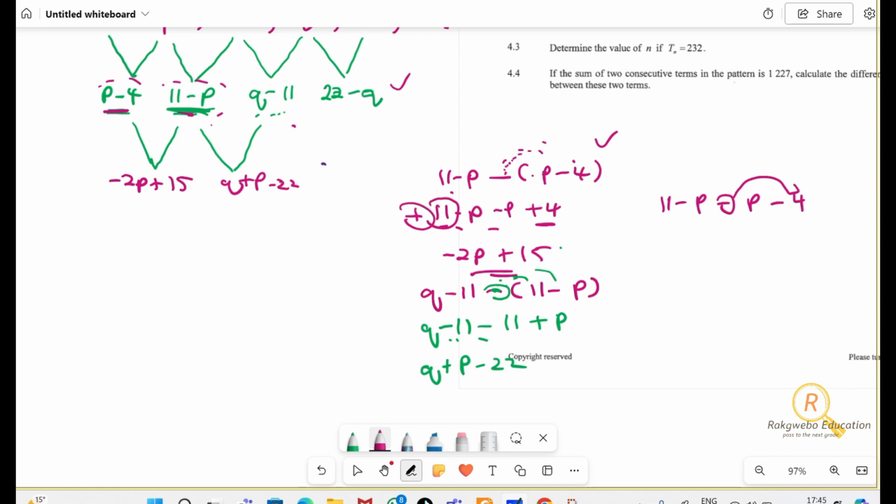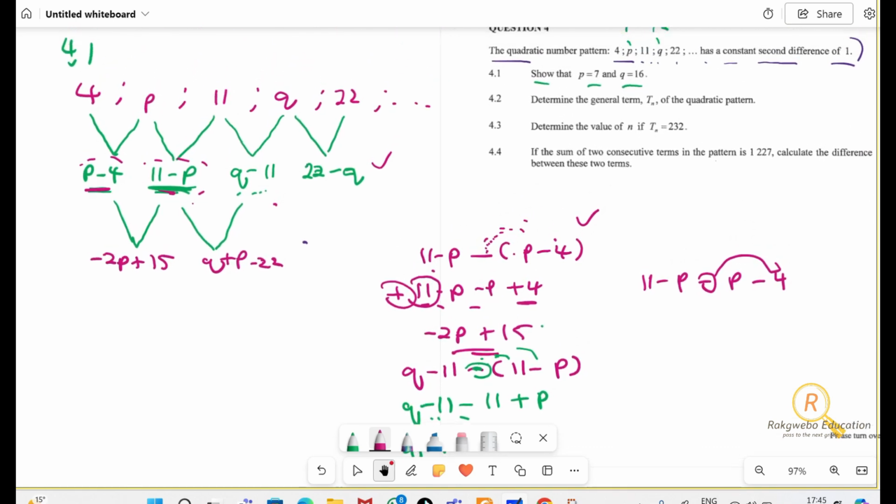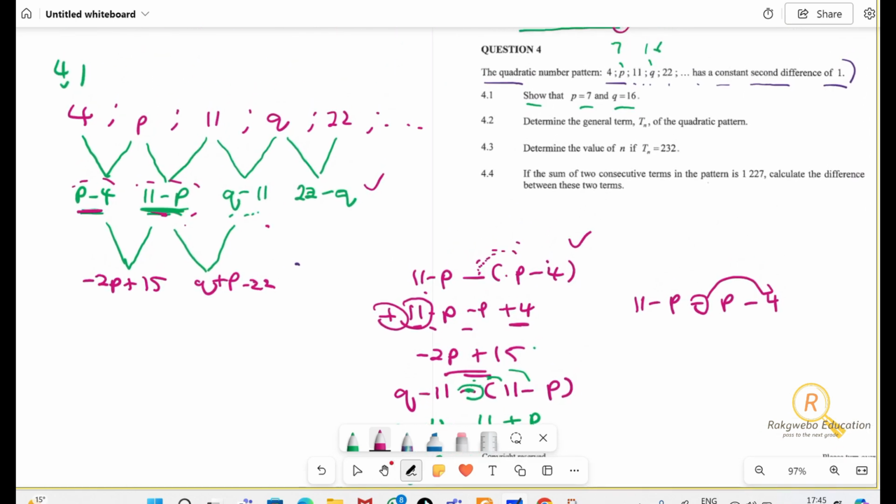Now, remember that this sequence or pattern is a quadratic pattern, and a quadratic pattern has a constant second difference. They tell us that the constant difference is positive 1.